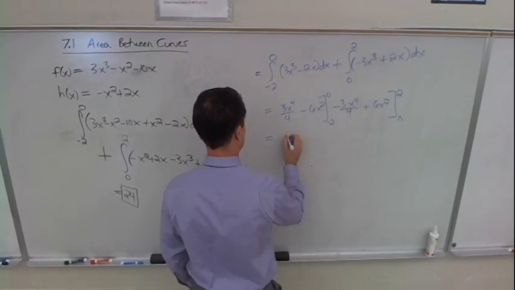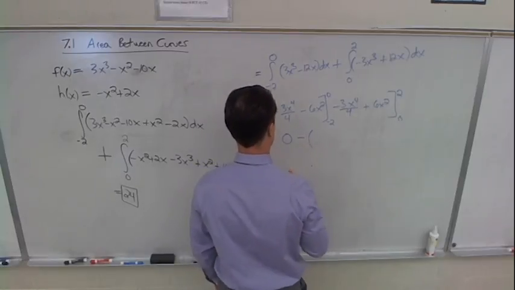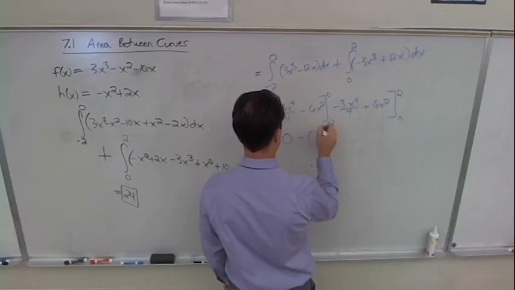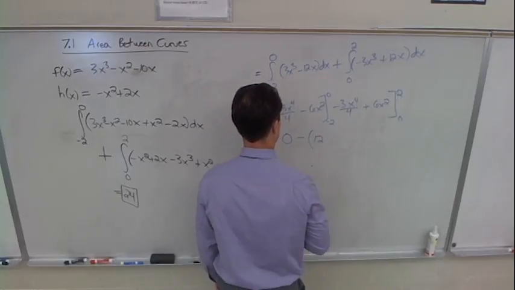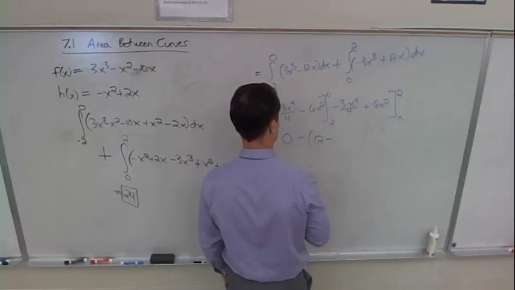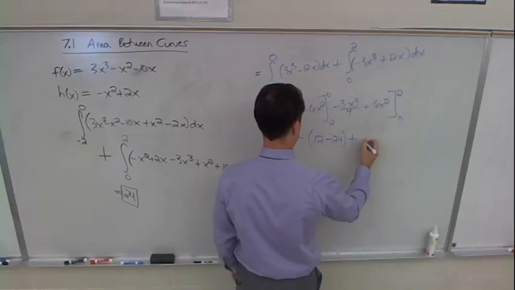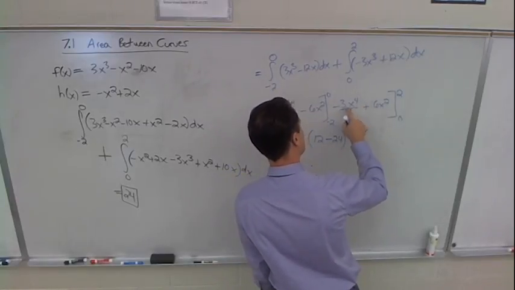Let's see. So 0 minus negative 2, that's going to be 16 over 4 is 4, that's 12. And then negative 2 here is going to be minus 24 plus. Let's go 2 in, so that's 16 over 4 is 4.